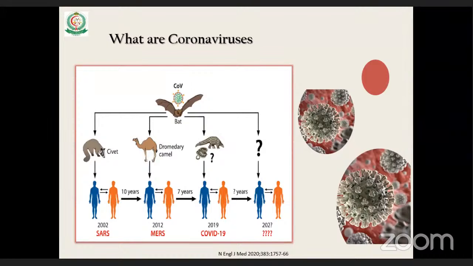In case of MERS-CoV, it was the dromedary camel. And in case of COVID-19, it is not identified well, but most likely thought to be pangolin and some types of snakes. The characteristic feature of coronaviruses in general is that they have the ability to cross the species border. That's why they have the potential to cause pandemics or outbreaks in humans.